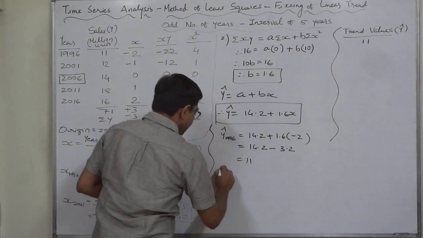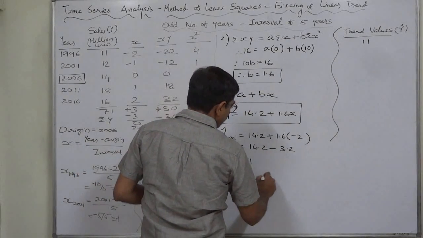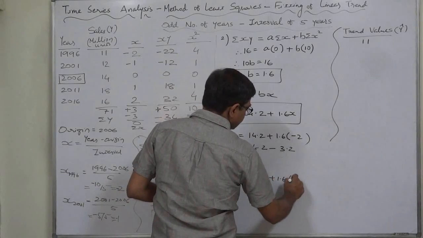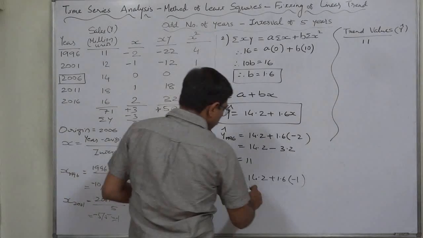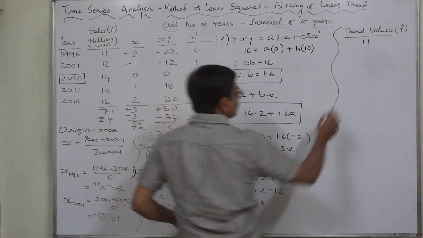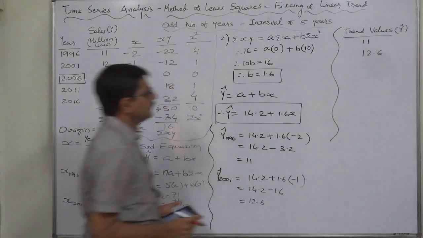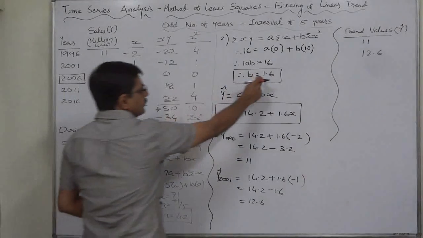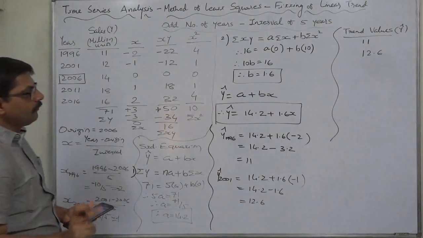Similarly, for the year 2001, it will be 14.2 plus 1.6 into minus 1. So it is 14.2 minus 1.6. So it is 12.6. Thus, the value of the variable increases by b every year.